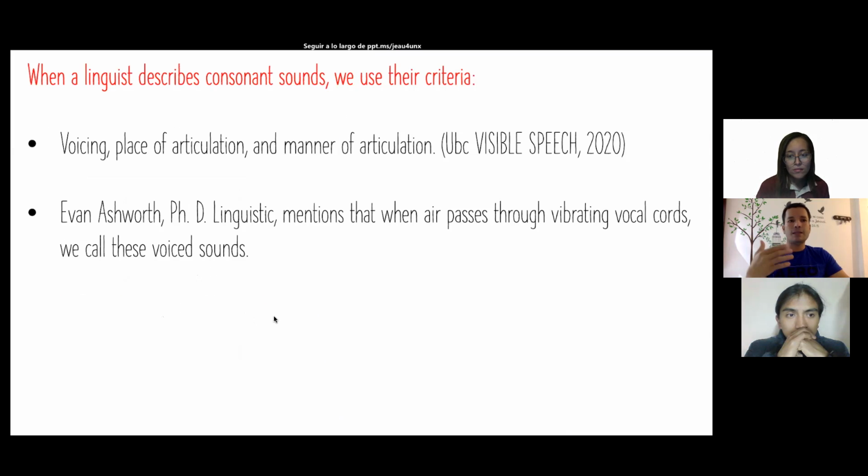If you're male, you touch this part, the Adam's apple. If you're female, you also put your hand over here, and you start producing the ba sound, and there's a vibration which will come out in this part of the body.